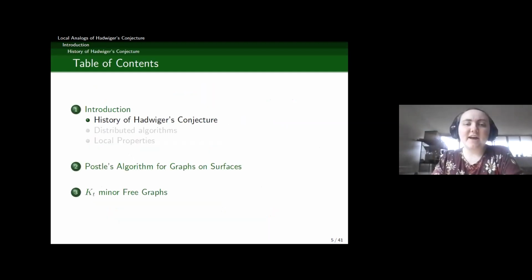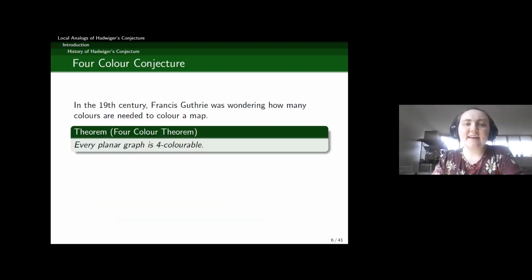Okay, so the history of graph coloring goes back to the 19th century and the four-color theorem, then conjecture, for a long time. And he was wondering actually for regions of a plane, but with planar duality, this is exactly the question of can you four-color a planar graph?